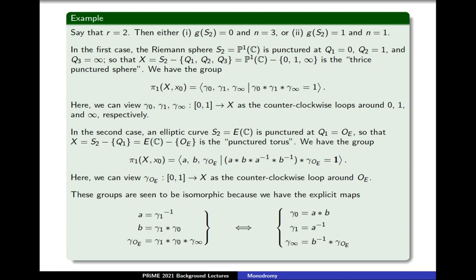And so now we have a relation that a, b times a inverse times b inverse times gamma based at infinity is the trivial element. So this time we can view this element gamma based at the point at infinity as the counterclockwise loop around this point. These 2 groups are abstractly isomorphic because we can write down explicit maps between them.